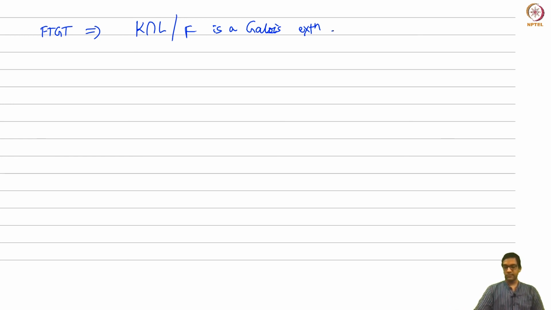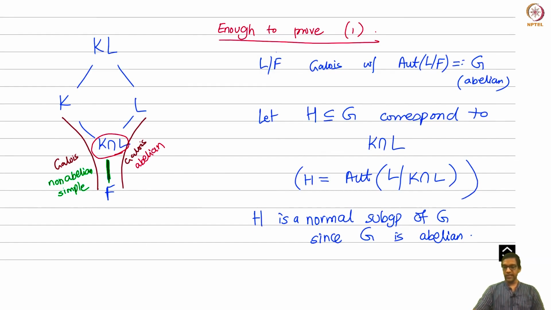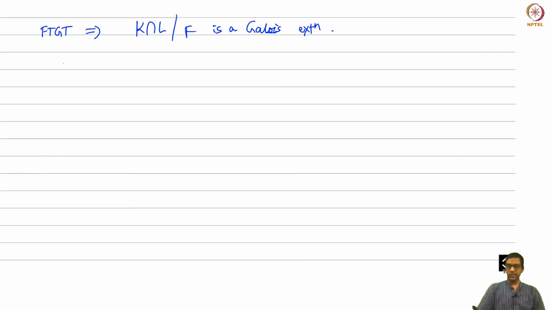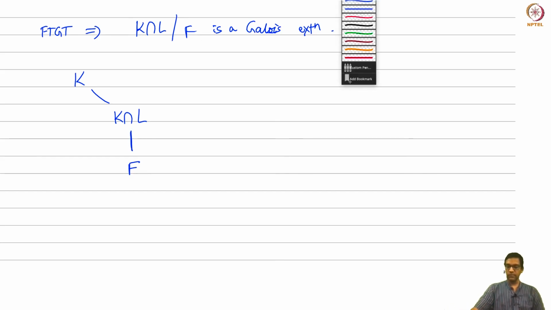But let's just for the moment do the same thing from the other side. So let's look at the other fellow, which was K over F is Galois. So let's consider that leg of the diagram, K intersection L over F. Now by the fundamental theorem of Galois theory, what do I know here? I have concluded by using this other side that this is Galois.